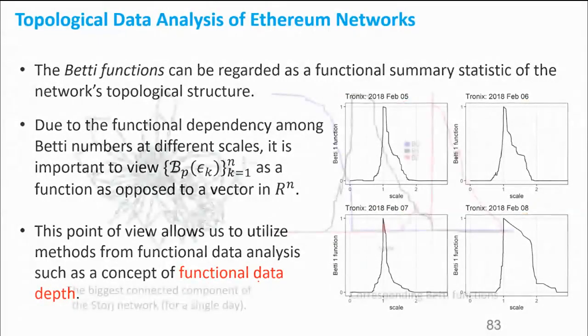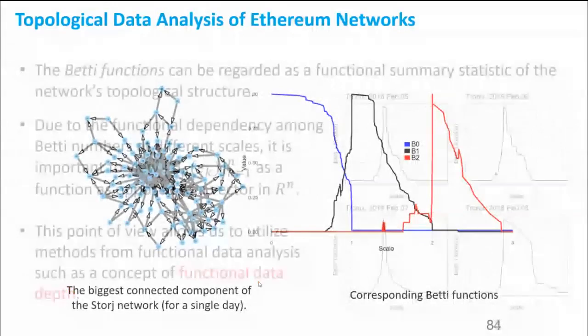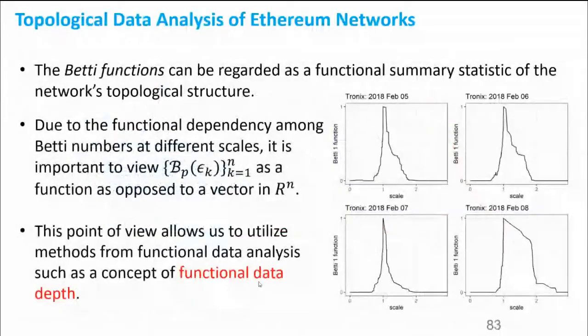Data depth comes from core statistics, and the most basic data depth is the median. If you have a list of values, you can find the median, which is the deepest point in this data. Data depth generalizes this to higher dimensions. What happens if you have 2, 3, 4 dimensional data, for example? How can you find the deepest point of the data?